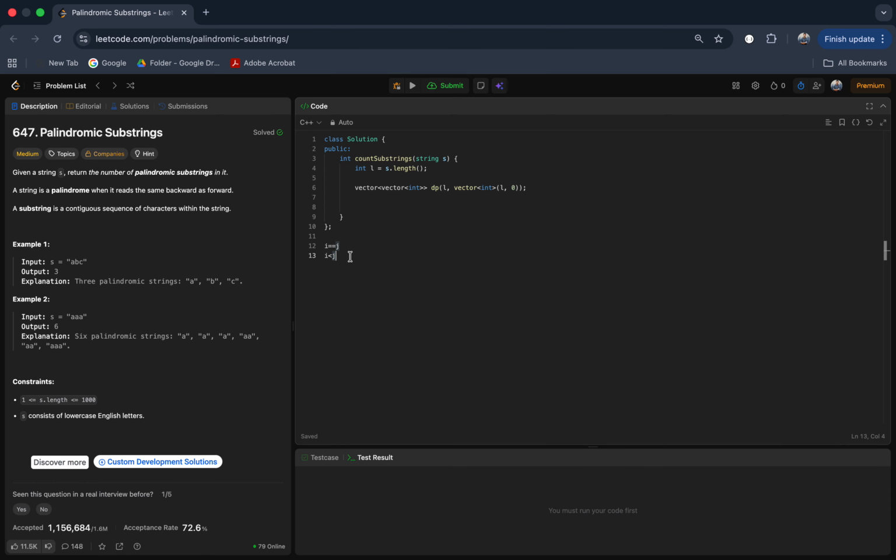But as we are going here in a tabulation way, we can calculate lengthwise.